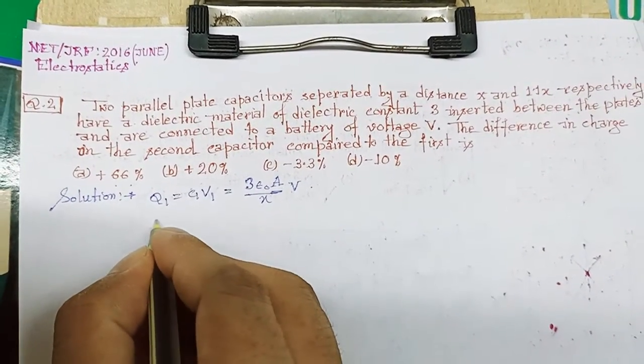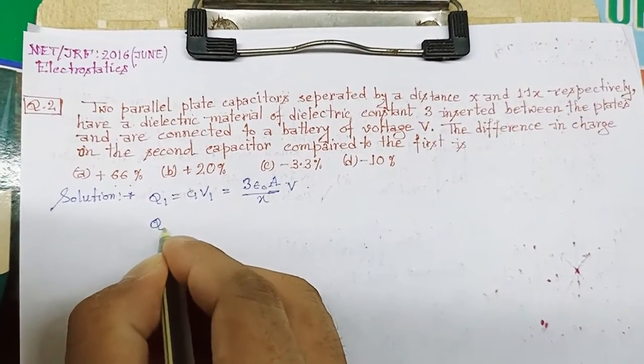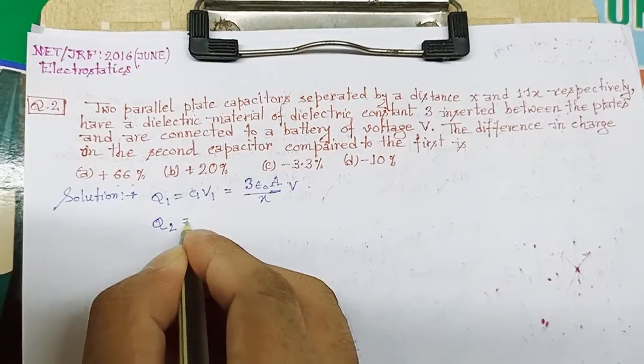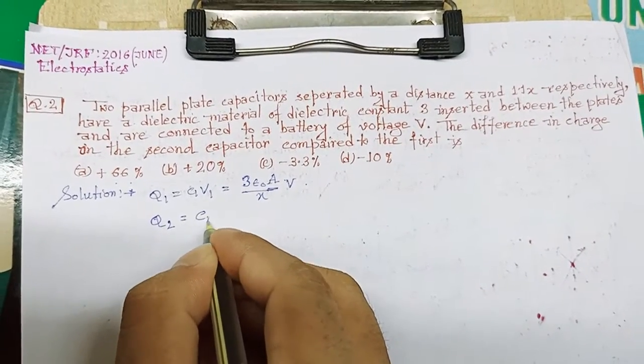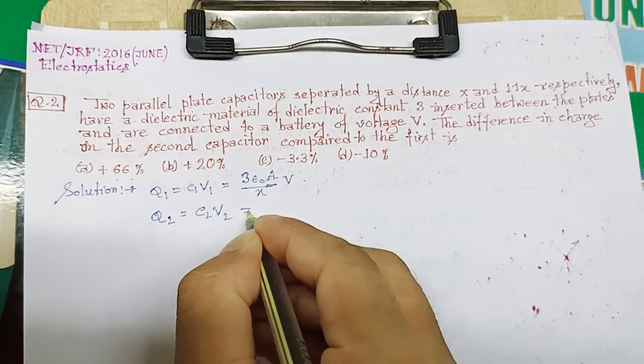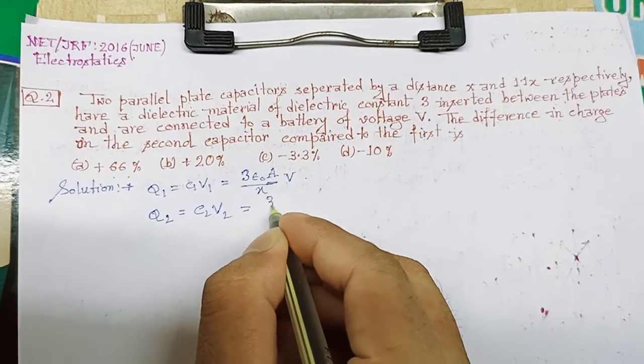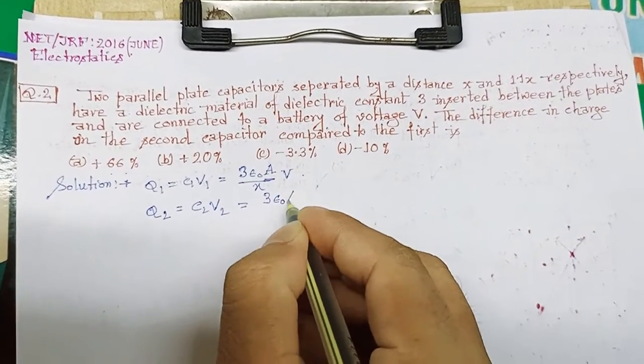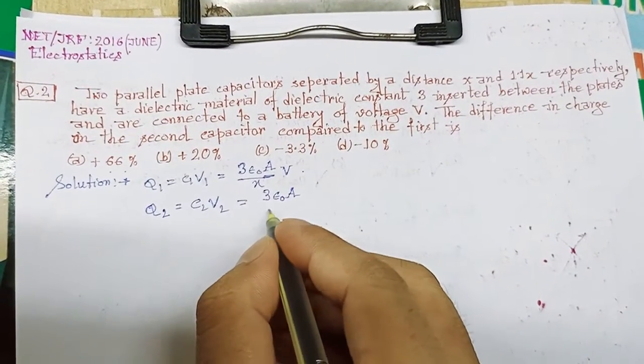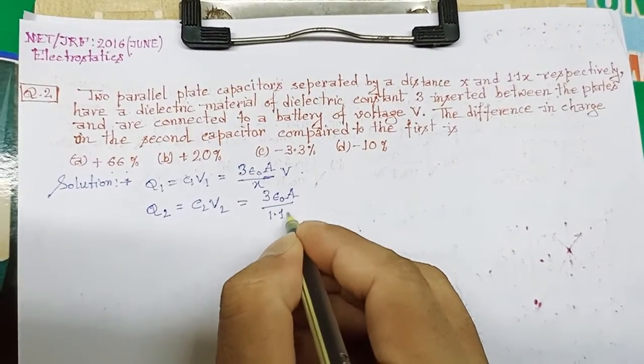Again, charge Q2 will be equal to C2 V2, which is equal to 3 epsilon naught A divided by 1.1x, into V.